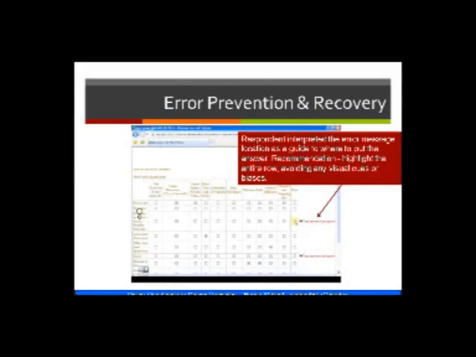And in this case, a very basic survey design, the notion of error prevention and recovery. People make mistakes on survey questions, and that's okay. The real question is how do we help them get off the page and go to the next one? So in this case, you can see that with a very basic design, the survey software is programmed that if someone misses a row, it says your answer is incomplete.